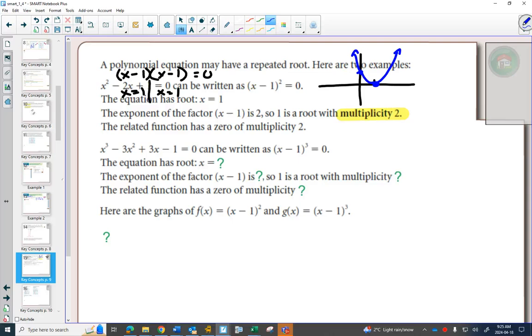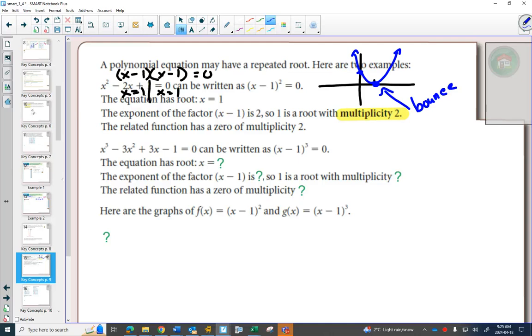And that multiplicity does something to the graph at that x-intercept. So far, all of our x-intercepts, when we've drawn them, our graph has gone straight through our x-intercepts. But notice in the parabola, in this particular case, at that x-intercept, and this is not a technical mathematical form, I'm just going to describe what I see, you see it sort of bounces off the x-intercept. It doesn't go through the x-axis anymore, it bounces.